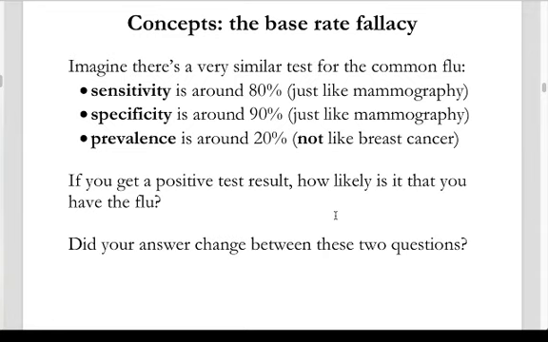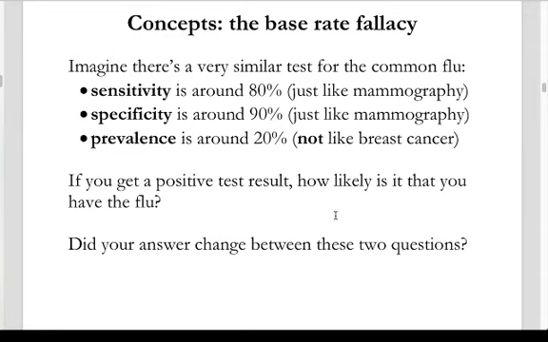And same question here. If you go to the doctor and get a positive flu test result, how likely is it that you have the flu? Now, we're not only interested here in the answers about how likely each one is. The main question here is, did your answer change between these two questions? Did you give a different answer for breast cancer than you did for the flu?